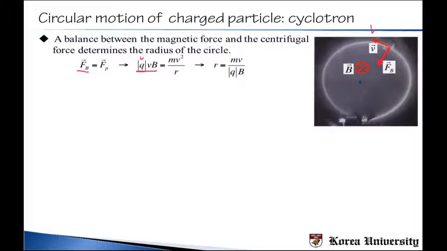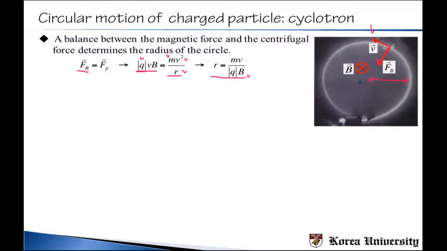If you remember what you learned about circular motion from the spring semester, this is the centripetal force for the particle with the mass m, with the velocity v, and then this r is the radius of motion. By rewriting it, you can figure out that this is the radius of the circular motion.